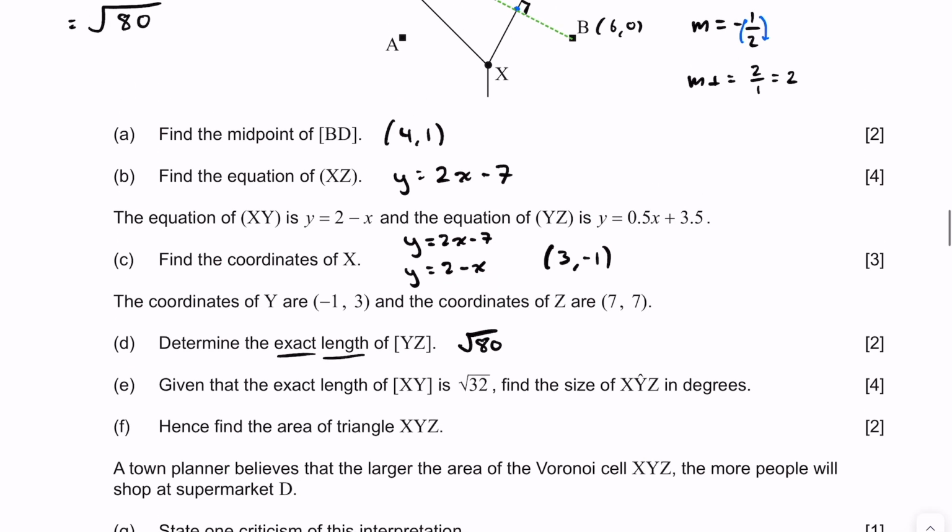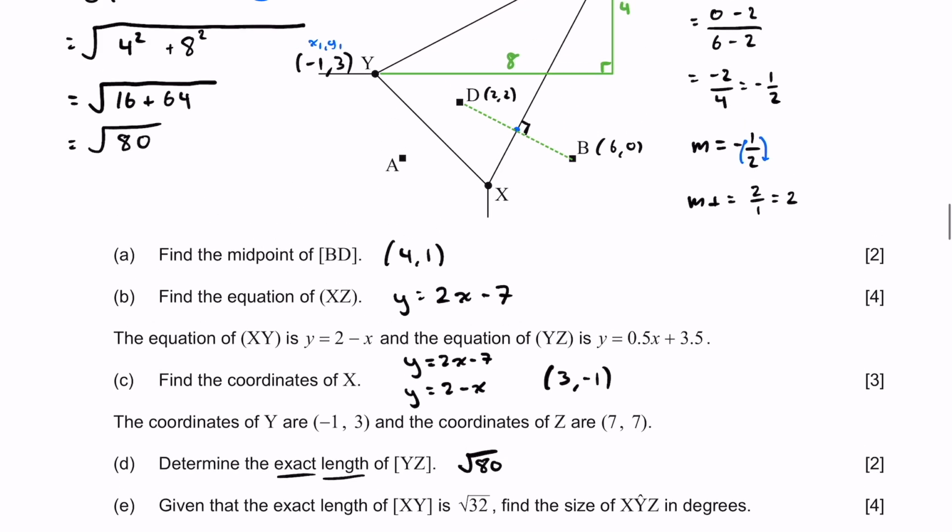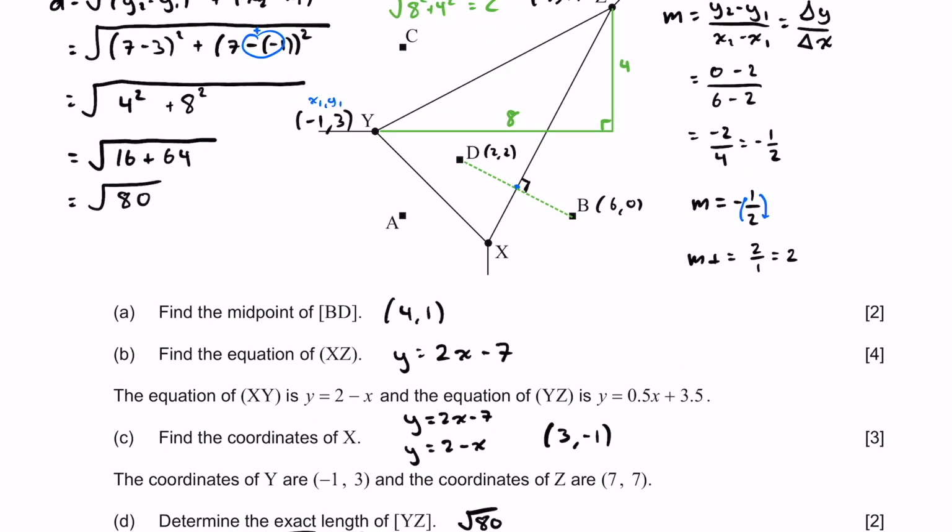Okay, E. Given that the exact length of XY is root 32, find the size of XYZ in degrees. So XY is root 32. So this length right here is equal to root 32. This length we found to be equal to root 80.